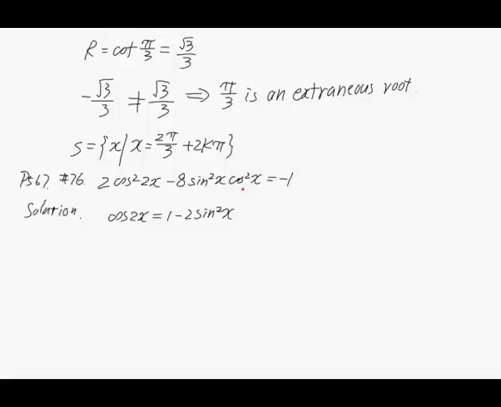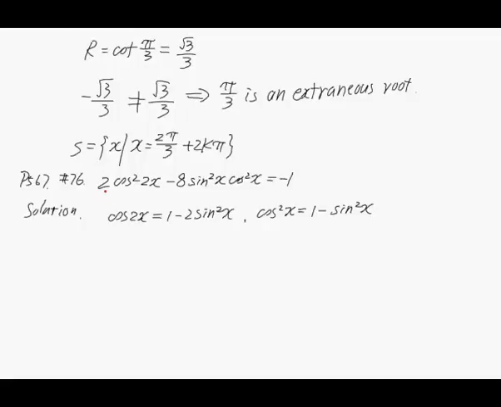And then for the other one, cosine square x, we can use the fundamental identity. That is, cosine square x equal to 1 minus sine square x. So now, let's do this substitution.